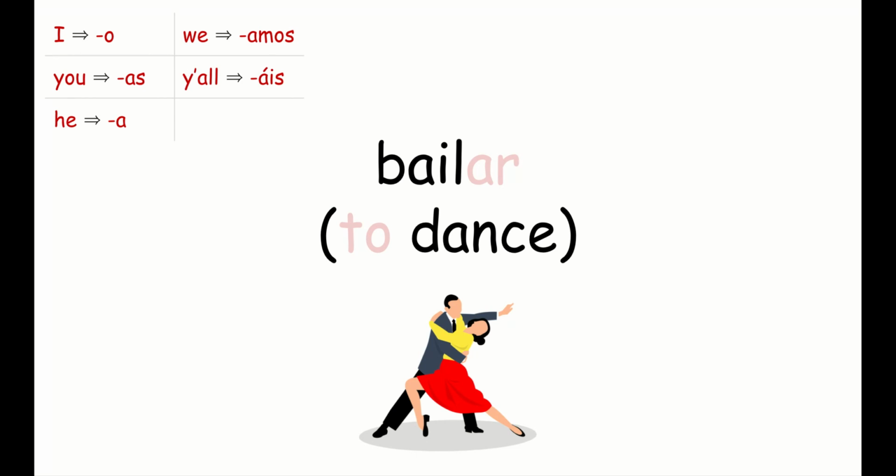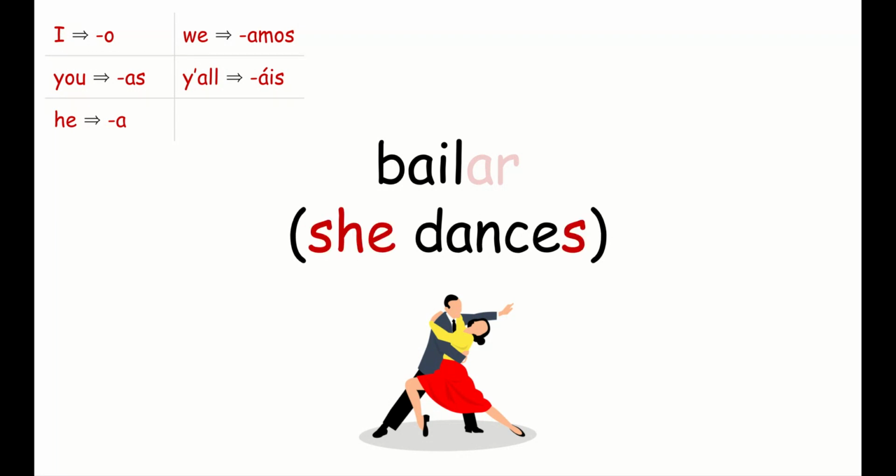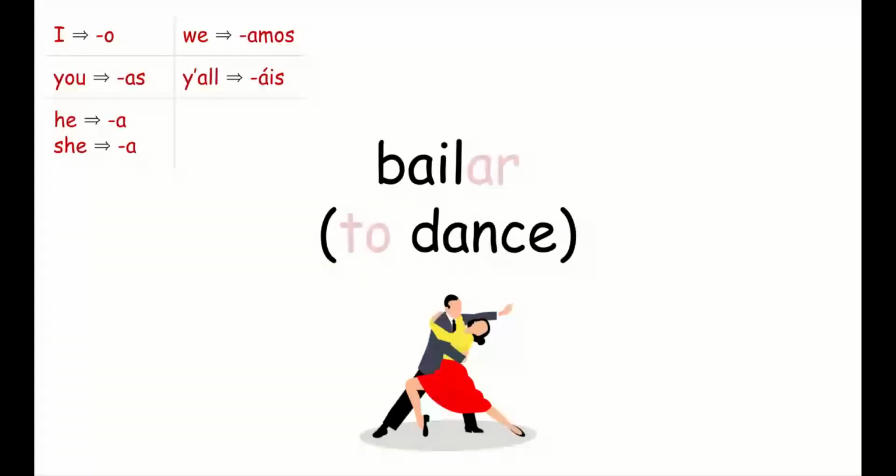A minute ago, I said conjugation depends on what grammatical person we are talking about. So if we want to say she dances, she is also a third person singular grammatical person. So we're going to actually use the same ending as he. So baila means he dances, but it also means she dances because they're both third person and singular.